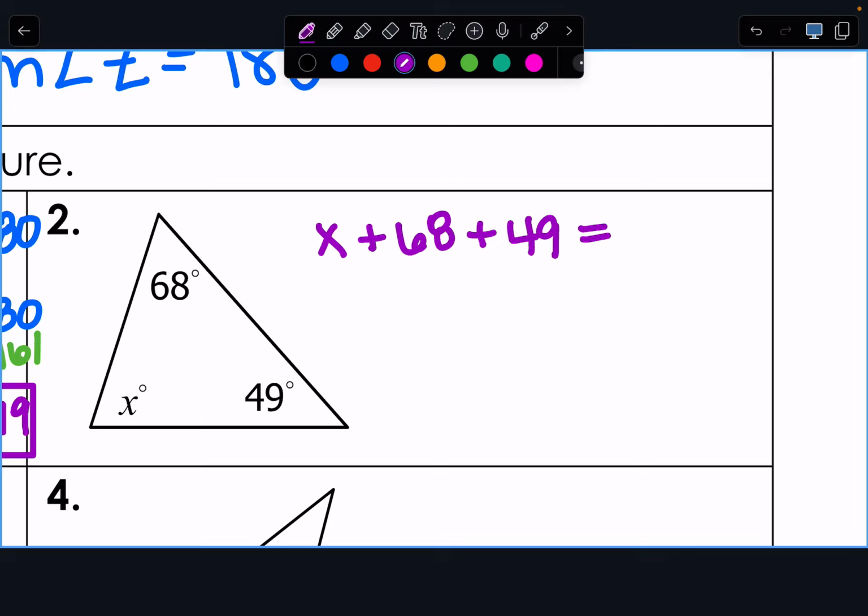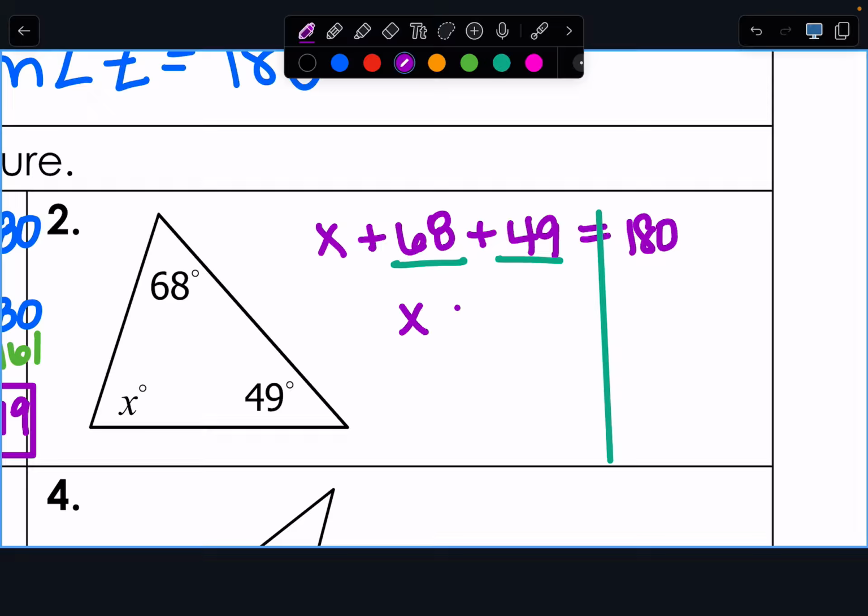What number do I put on the other side? 180. Okay, now, Sophia, we can add together this 68 and 49. 117.